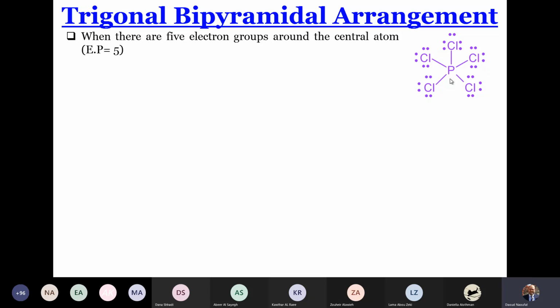So in this case, EP equals 5, and we have 5 bonding pairs, 5 BP, and 0 NBP.